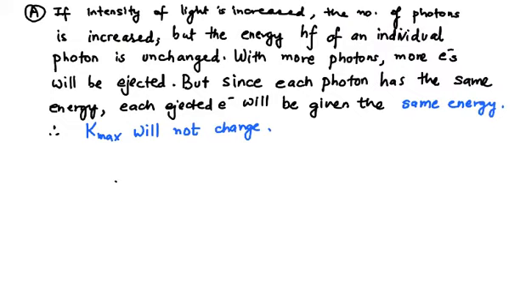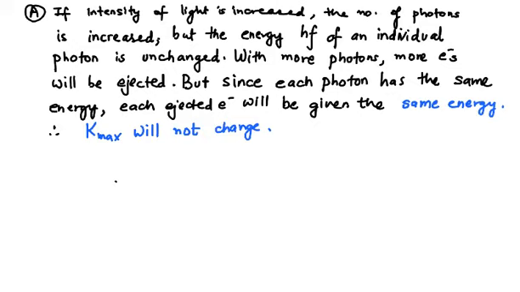Now, how can we explain the first point by quantum theory, or Einstein's theory? If the intensity of the light is increased, the number of photons is increased, but the energy hf of an individual photon remains unchanged. So if more and more photons are coming onto the metal, more electrons will be ejected.